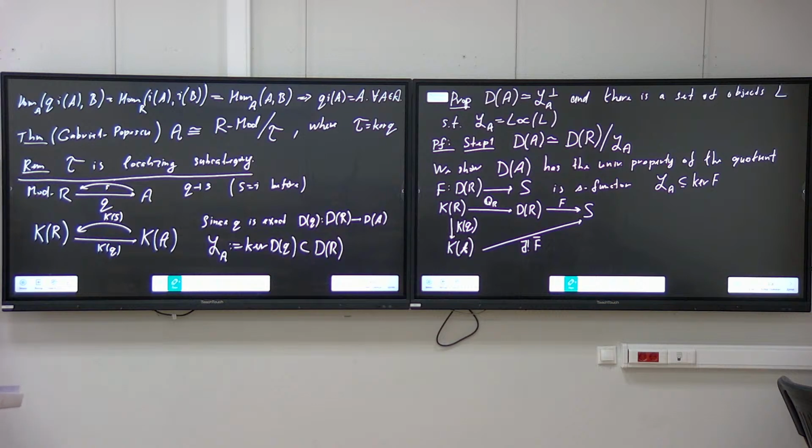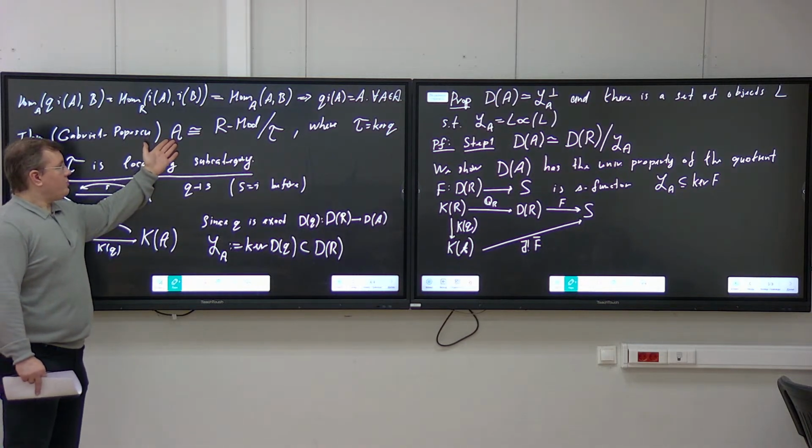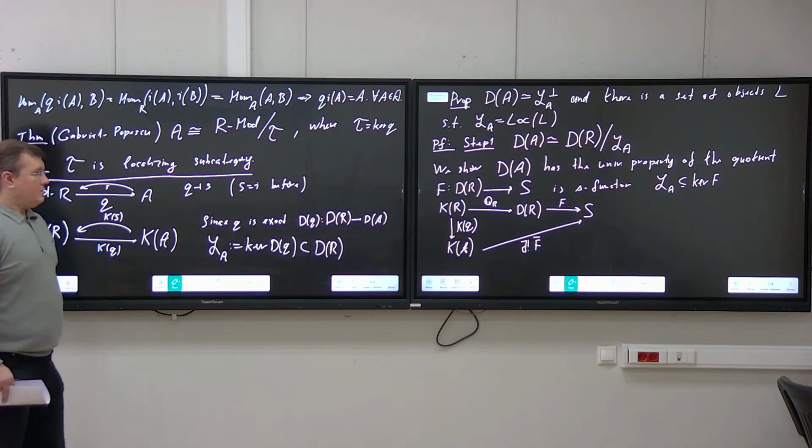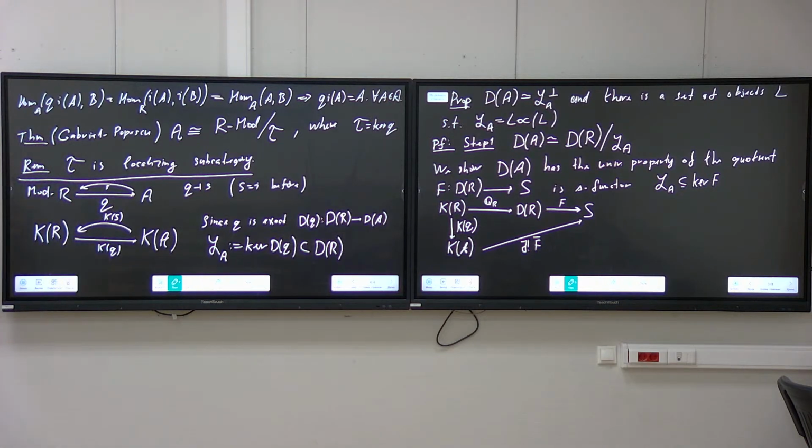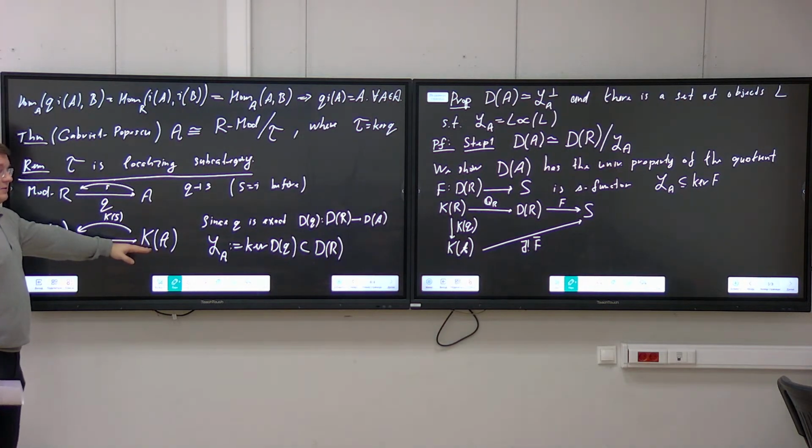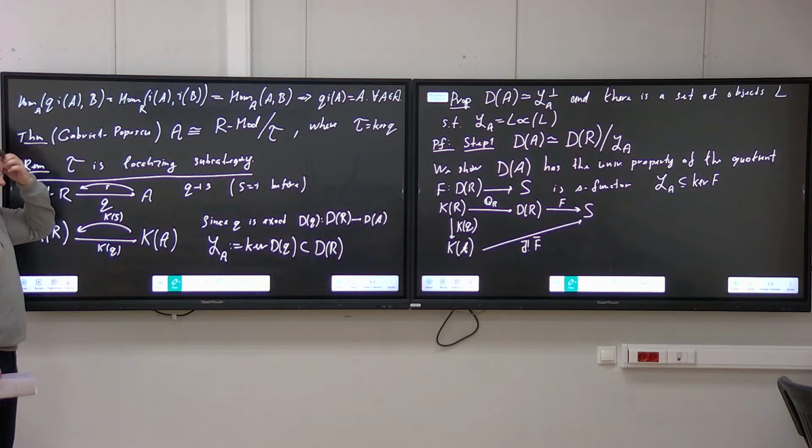No, we already proved it. It's just the result of all the previous discussions. So we prove this, and then look at the same thing, and take the homotopy category on the left and on the right. But I think it's quite easy to see that this functor is again a quotient functor. So it's just a corollary of this theorem.